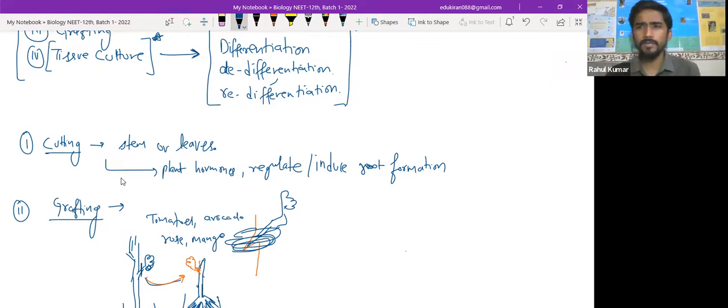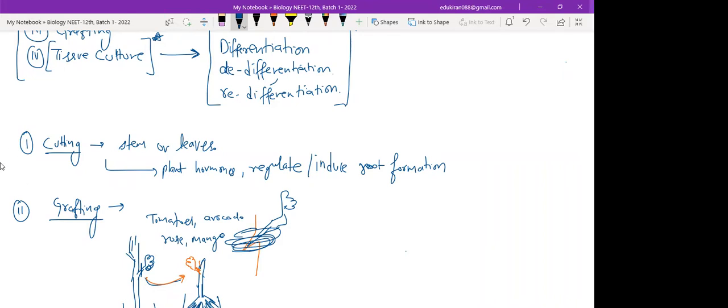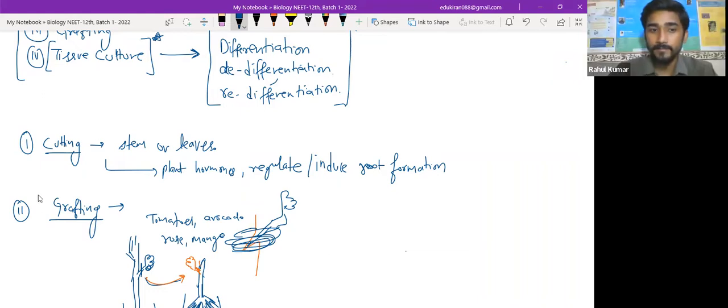Now, what do you think should be taken into consideration? One very important thing that we cannot neglect is that both the plants, the graft and the rooted plant, have to be of similar girth, right? Yes. They should have the same diameter of their stem. Don't you think so?